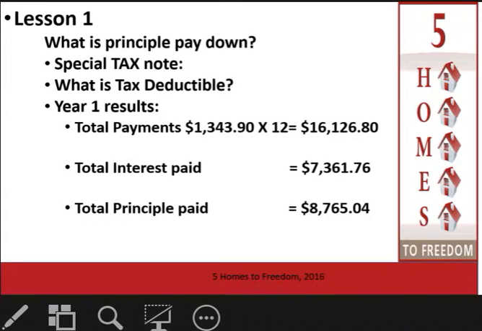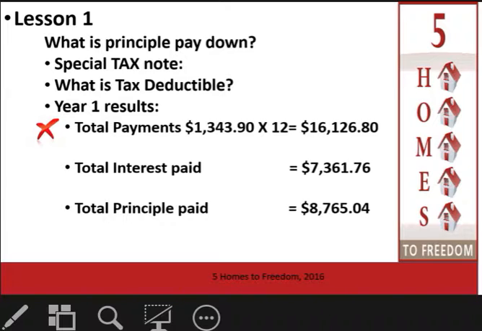All right, now I want to take this opportunity to talk a little bit about tax implications, because a lot of people believe that because it's an investment property, their mortgage payment is tax deductible. If that was the case, that would mean you would be able to reduce your taxable income by $16,126.80.